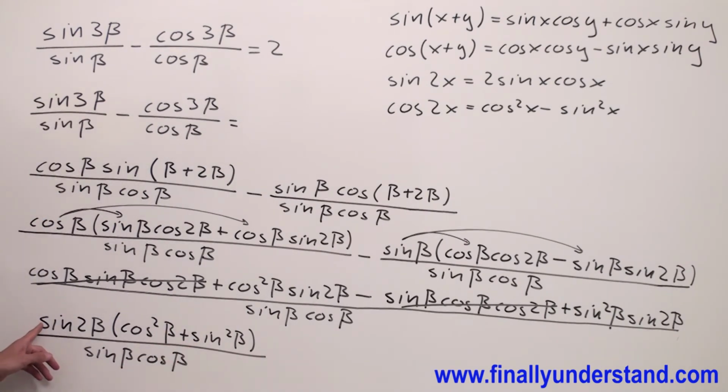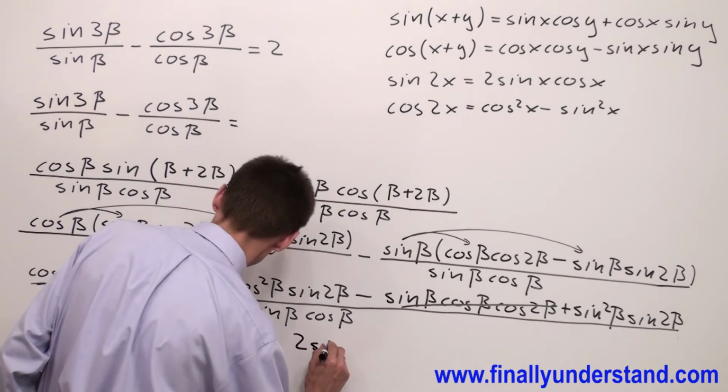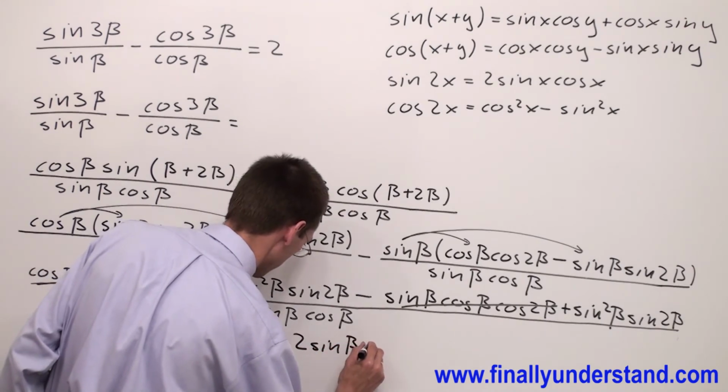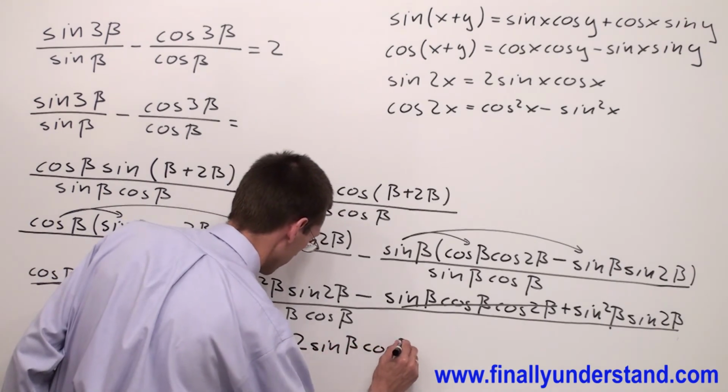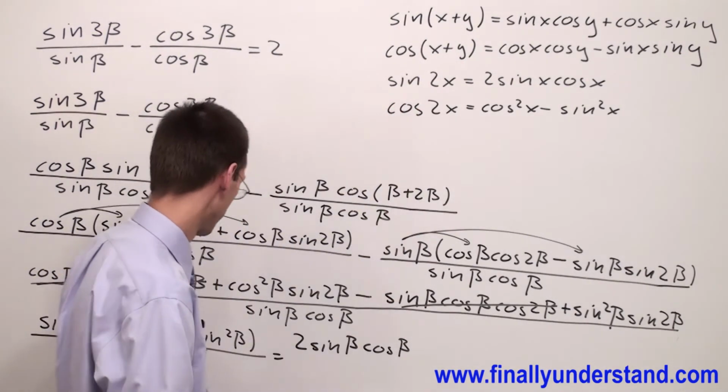And what we have over here, we have sine of twice of an angle. So I'm going to rewrite this as 2 sine beta cosine beta. I use this formula.